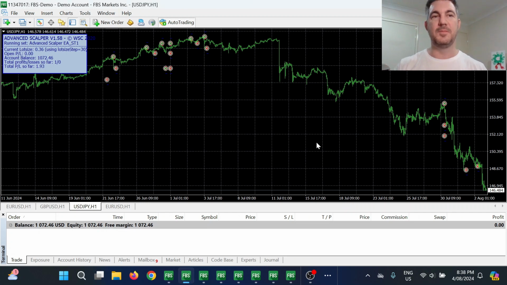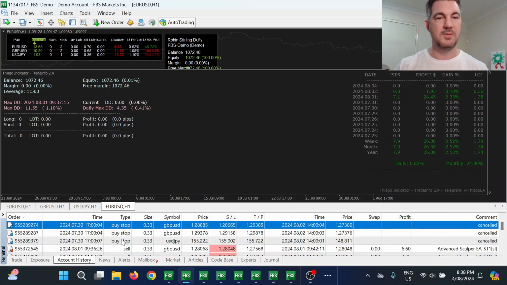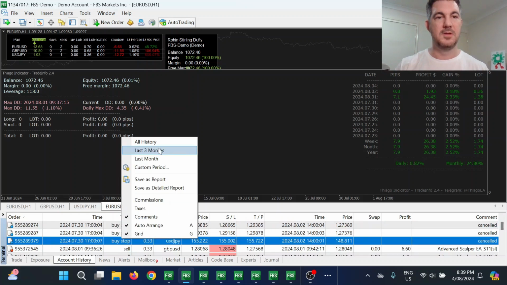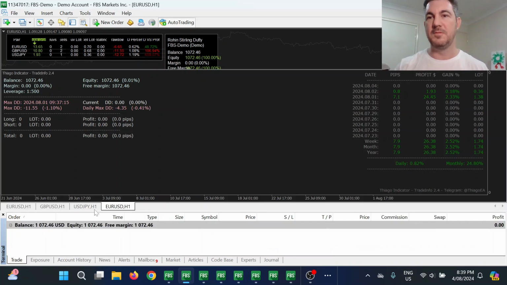Now, Advanced Scalper has done some really good trades, and the last time most of them were on UJ, but let's have a look here. That's not the whole history. Maybe, because we've got 76 profit, but we've only got 72, sorry.